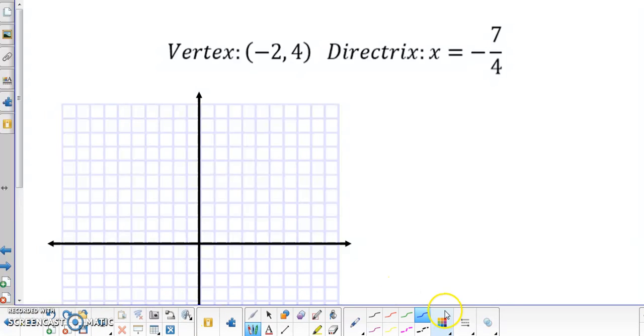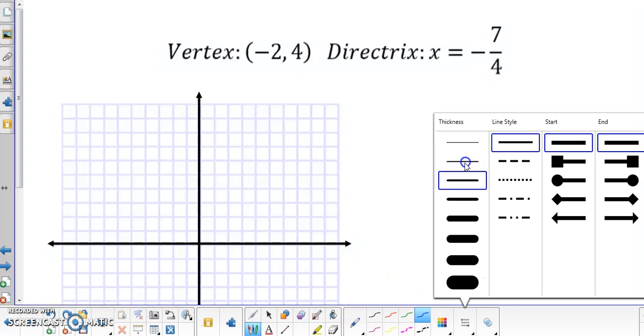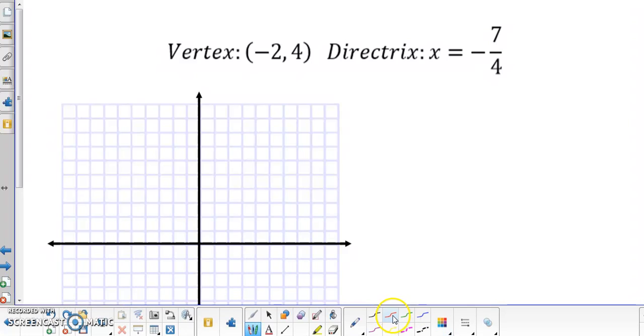Let's try another one. Alright, so same thing here. The vertex is at -2, 4. And I'm going to figure out what the directrix is. The directrix is at -7/4, which if I put into a calculator, I will get -1.75.